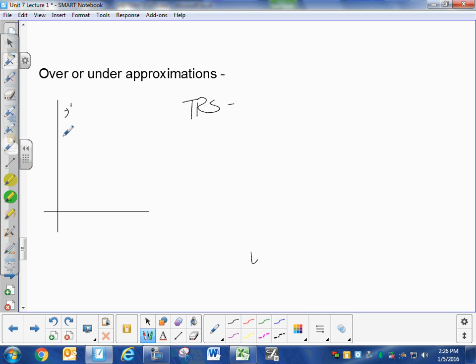Let's take something where f prime is positive and f double prime is positive, so we are increasing concave up. If I took a trapezoid, say from here to here, and connect it, we see that straight line would be just over. So if we know the concavity everywhere, we know that this is going to be over.